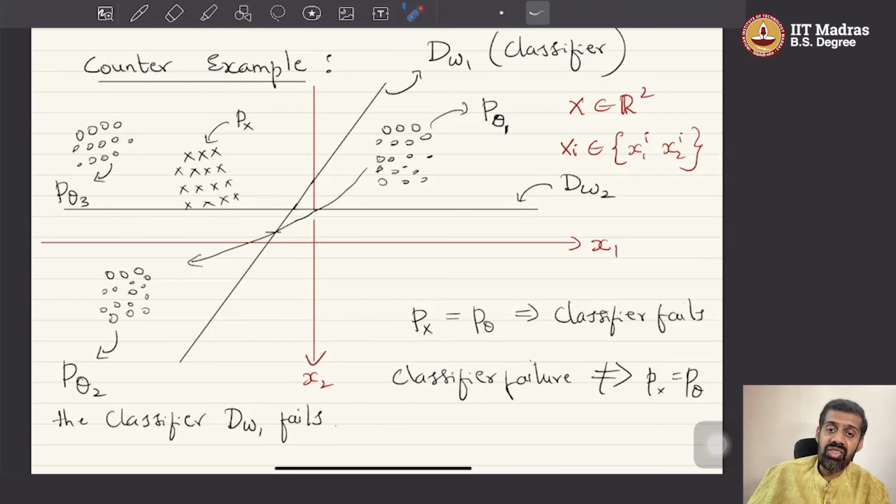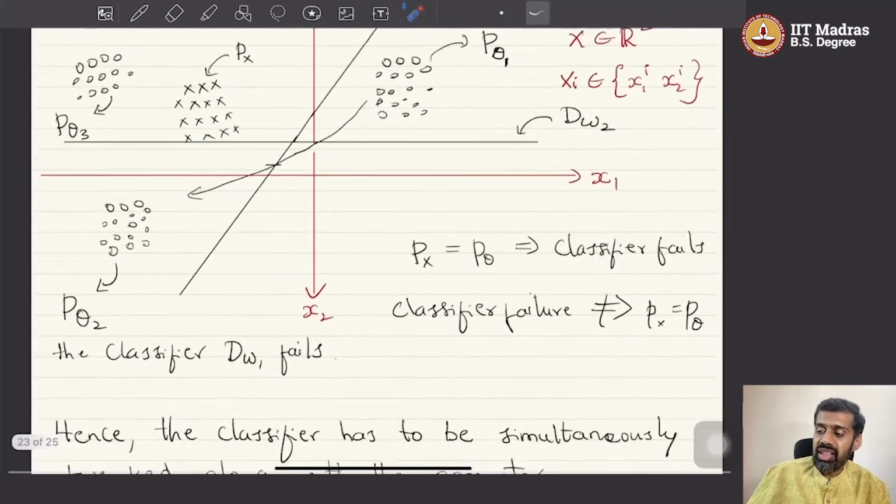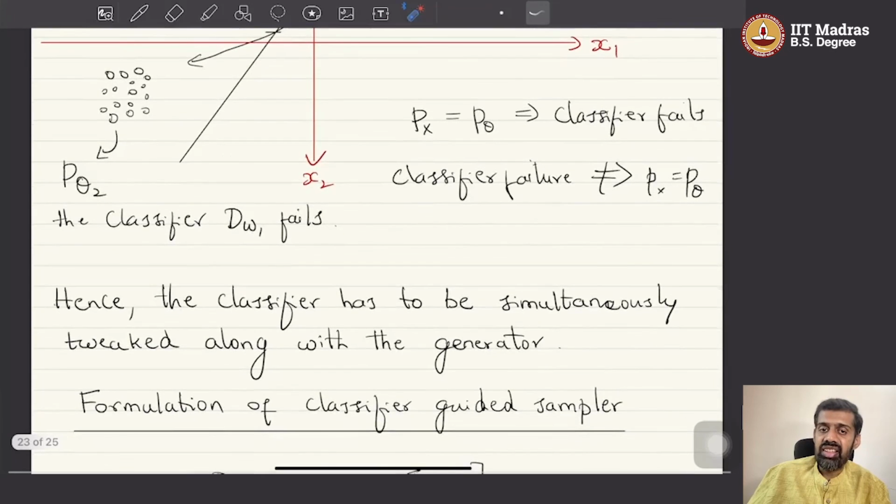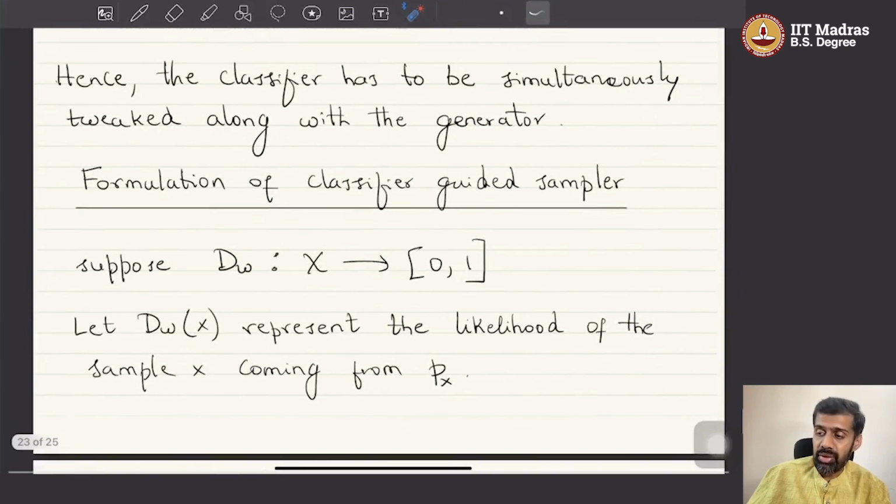The classifier makes the generator fail and the generator makes the classifier fail in alternate steps, and that is a known failure case of GANs where they can get simply stuck, and you will never reach px by tweaking p theta. That's a possibility. That's why people say that training a GAN is a non-trivial task, and GAN training is known to be notoriously unstable.